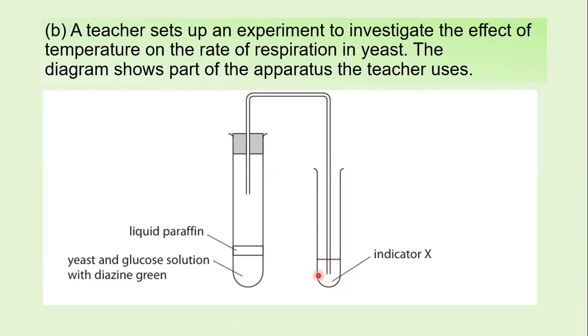There is another way of measuring the rate of anaerobic respiration of yeast, by measuring the rate of carbon dioxide bubble formation. So there are two ways: either we measure the rate of the indicator changing its color, or the rate of production of carbon dioxide bubbles. Let's move on to the next question.